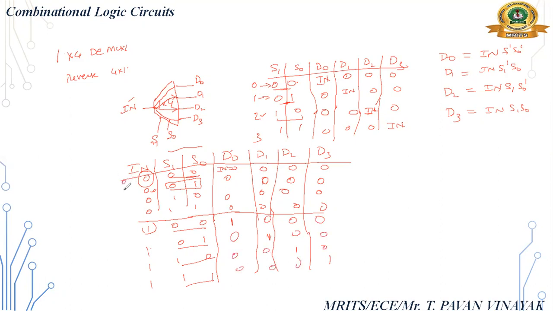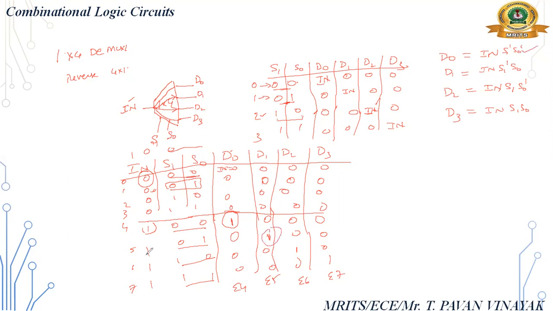Now write numbers 0, 1, 2, 3, 4, 5, 6, 7. Now write expression. Sigma 4, sigma 5, sigma 6, sigma 7. So sigma 4 means 1, 0, 0 means IN S1 bar S0 bar. So we are getting the same equation.